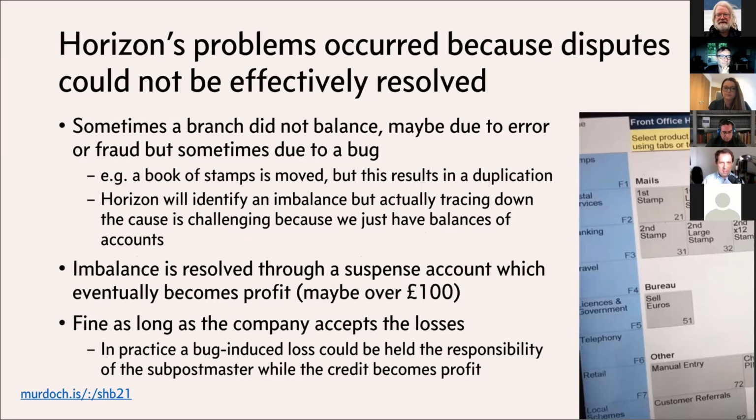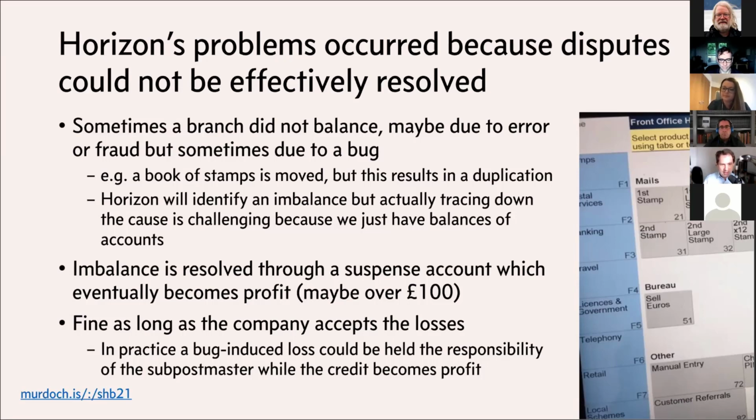So why did this problem take so long to resolve? Certainly the failures of the post office were a cause of this, but one is that Horizon did actually work properly. It identified that there were misbalances. Sometimes these were errors, sometimes fraud, sometimes just a bug. For example, a real example: a book of stamps got moved from one location to another. It actually gets created into two books of stamps, and now there is an imbalance, and that gets blamed on the sub-postmaster.